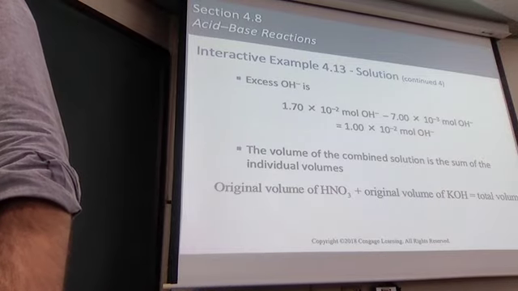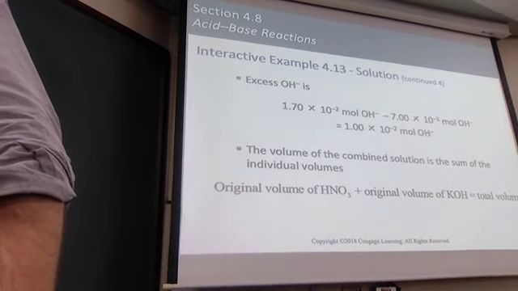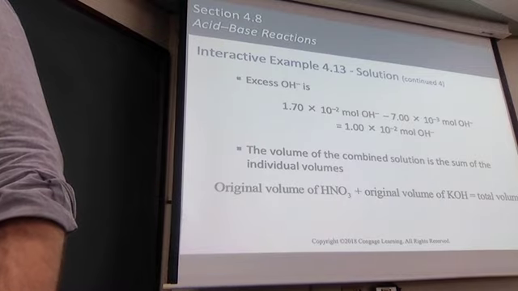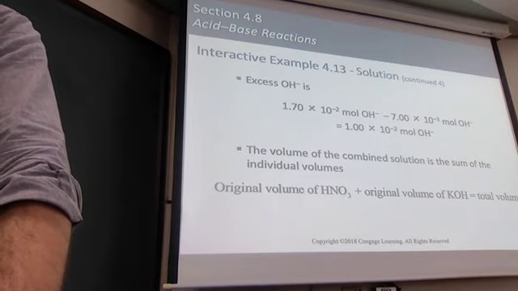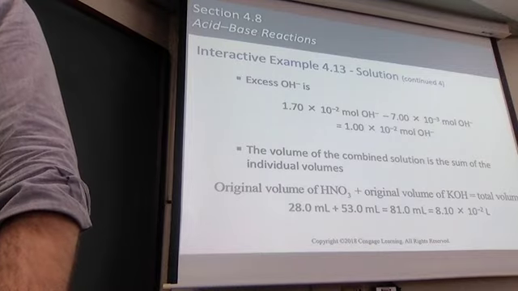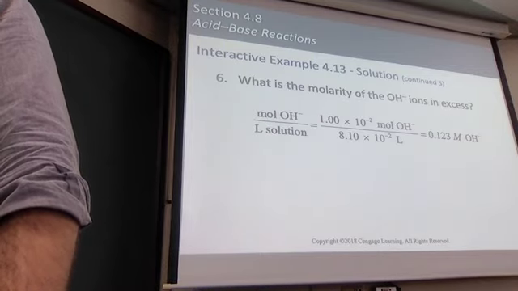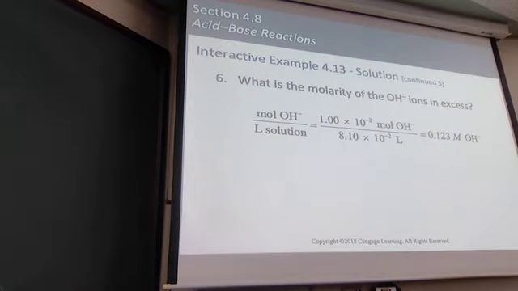Okay, and then we can take this and divide it by the total volume of the solution. So we need to combine the volume of the nitric acid and the hydroxide solutions. The total volume will be 81 milliliter. And then we divide by this to get the concentration, which is 0.123 mole per liter.